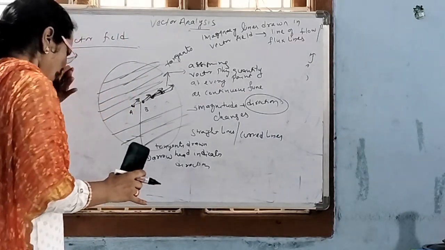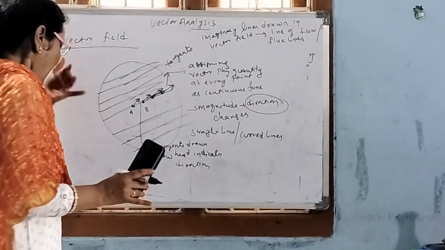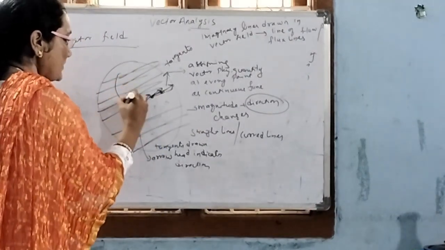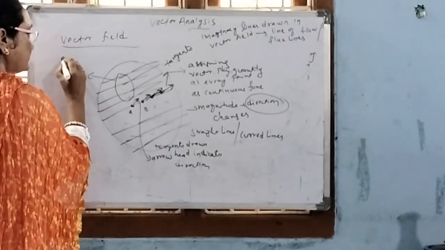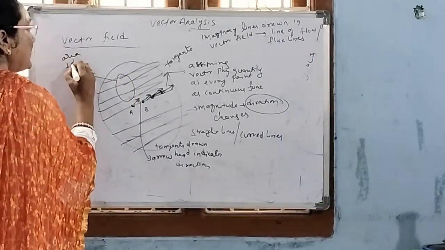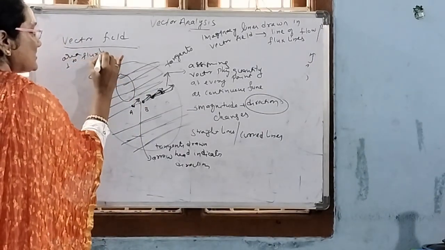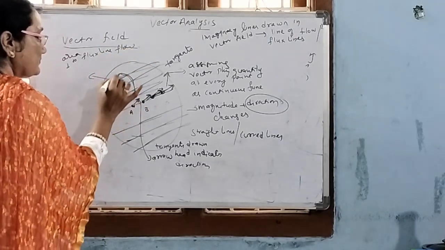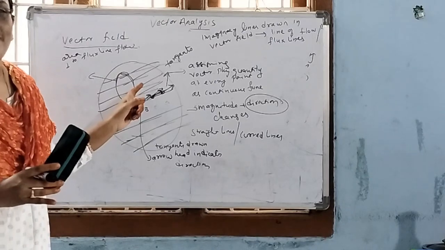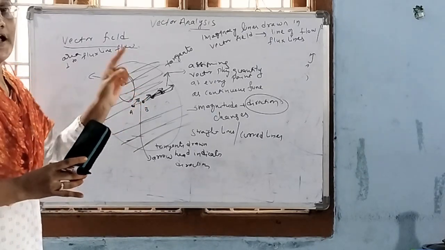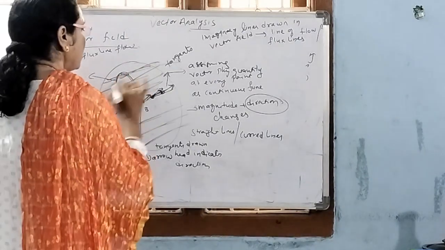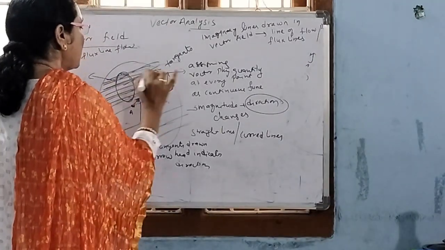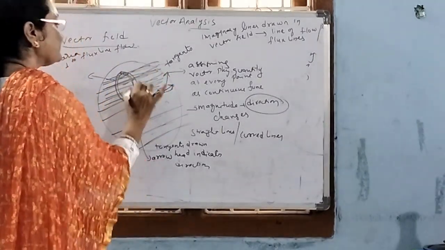Now next we need magnitude. For magnitude, assume a small area perpendicular to the flux line flow. Magnitude means these particular flux lines flowing through this perpendicular area.